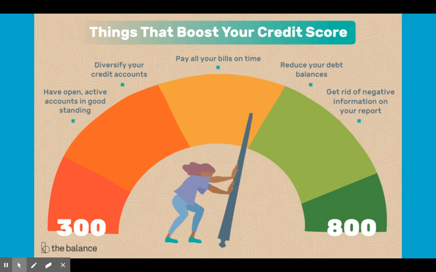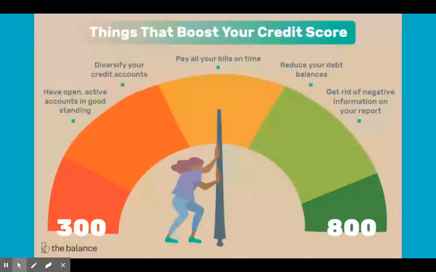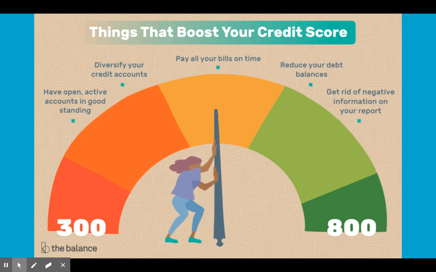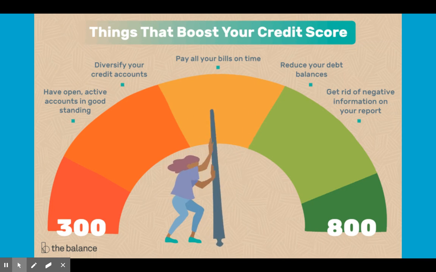Eventually you're going to want some of those big ticket items like a house, that's maybe 10 years off in your future, maybe not, maybe 5 years off. So you need to have open and active accounts in good standing. Even a simple checking account will start to build your credit score. When you move out and get your first place to live, even if you are with roommates, which is probably what's going to happen when you move out for the first time, you're going to want to make sure you have some utility bills in your own name.